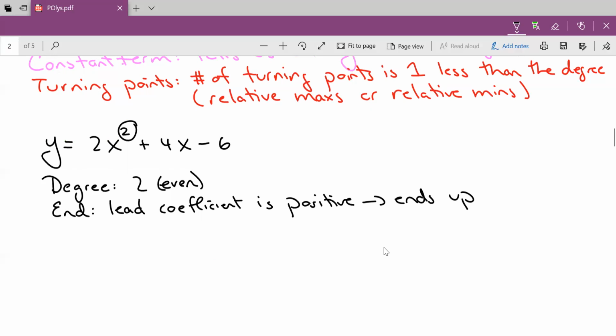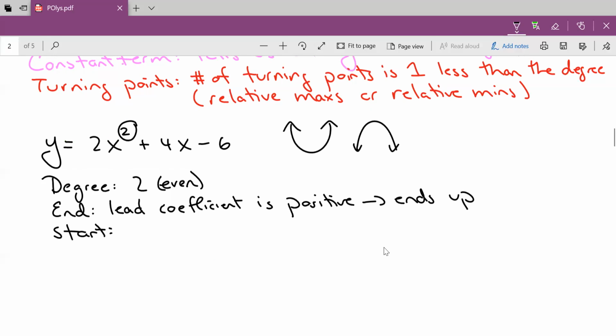Okay, so then my question is, how does my graph start? Well, think about what we remember from grade 11. Our parabolas either look like that or like that.